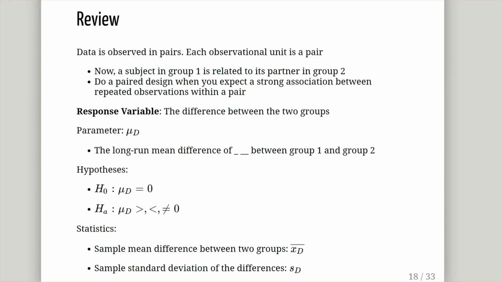Let's do a quick review of what paired data is. Data is observed in pairs. Each observational unit is a pair of subjects. In paired data, we're going to know that a subject in group 1 is related to its partner in group 2. The classic example is identical twins.